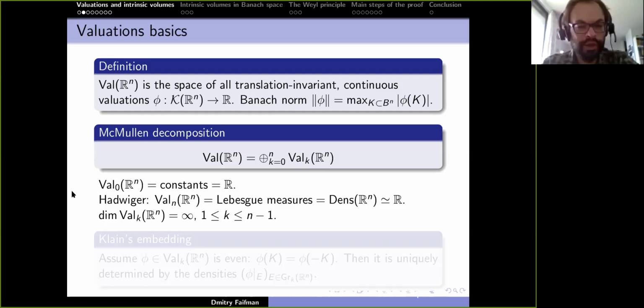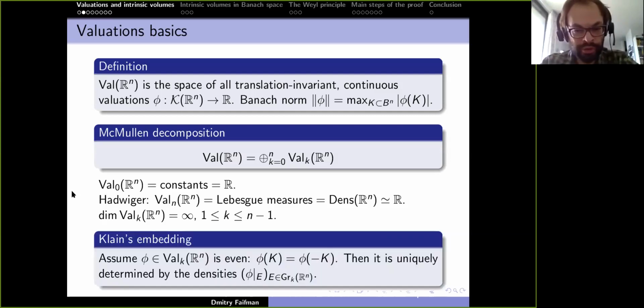Okay. And one final fact is a theorem due to Klain. So suppose that you have a k-homogeneous valuation, which is also even, so it's invariant under the antipodal map. Then what you can do, you take your valuation, you restrict it to all linear subspaces, just consider it applied to convex sets in a given k-dimensional plane for all planes.